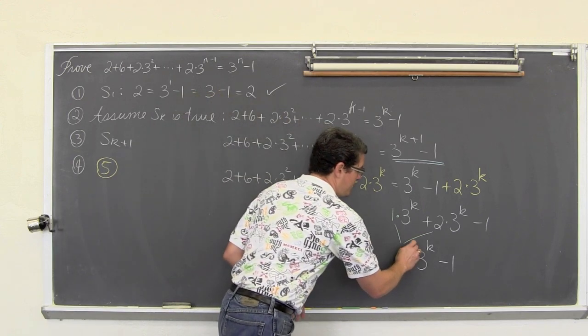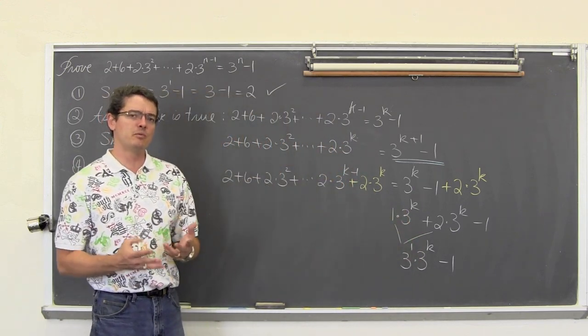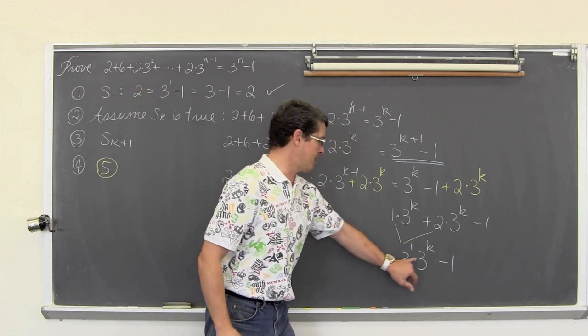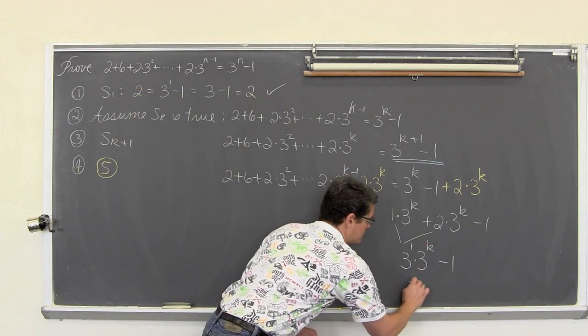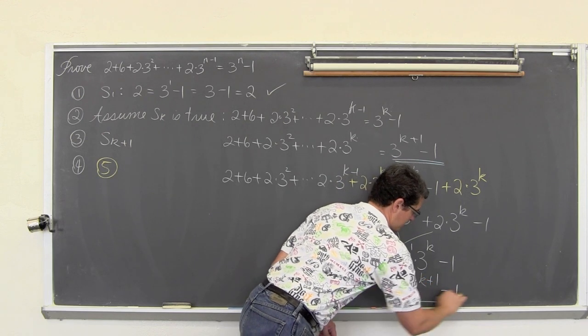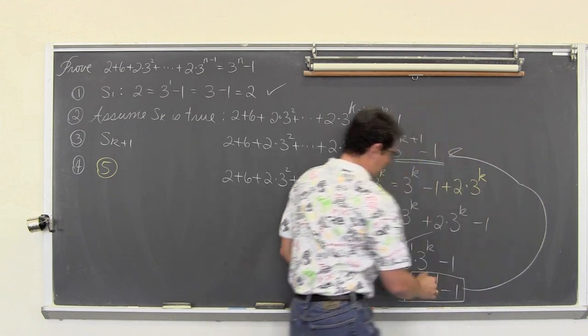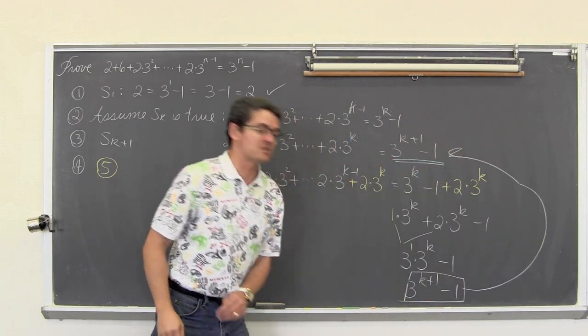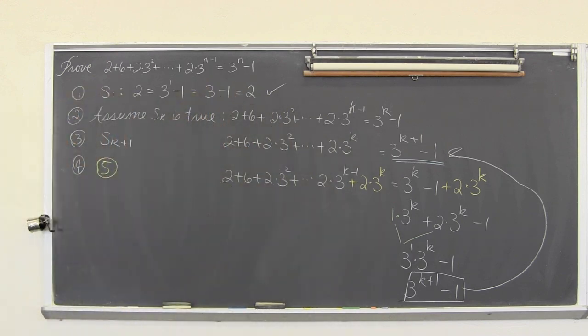Well, this 3 has an exponent of 1, right? When we don't write exponents, it's assumed to be 1. And when you multiply like bases, you add those exponents. So this is equal to 3 to the k plus 1 minus 1. And last time I checked, that was the end of my S sub k statement. So my proof, my second example, is done.